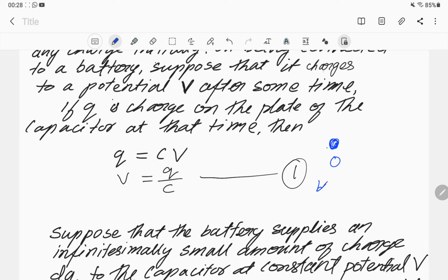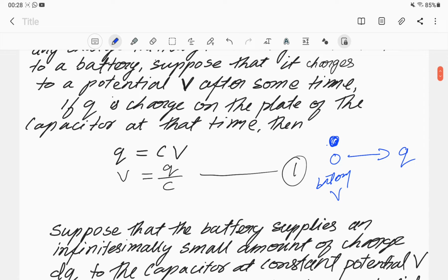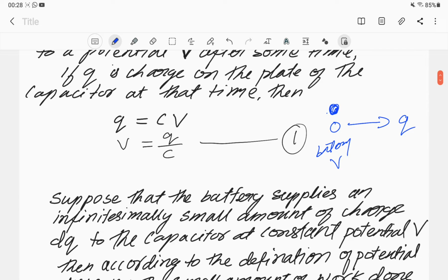After connecting to a battery of potential V, the capacitor charges to Q. The charge becomes Q. Slowly it is charging, and after some time the capacitor charges to Q. Now we know that at this point, when the capacitor is charged to Q, the capacitance is given by C equal to Q by V.